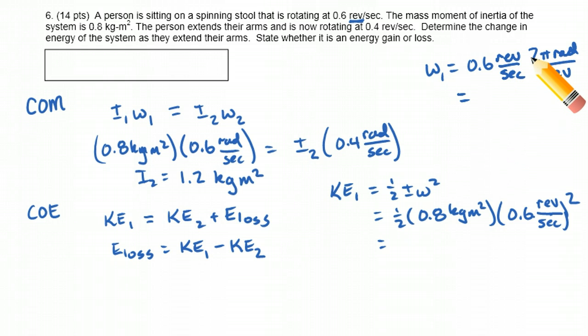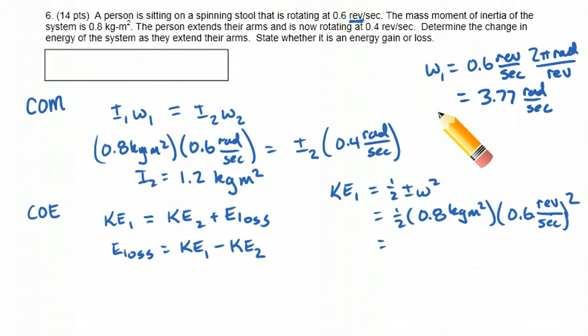So that will give me, let me punch into the calculator, 0.6 times 2 times pi, 3.77 radians per second.